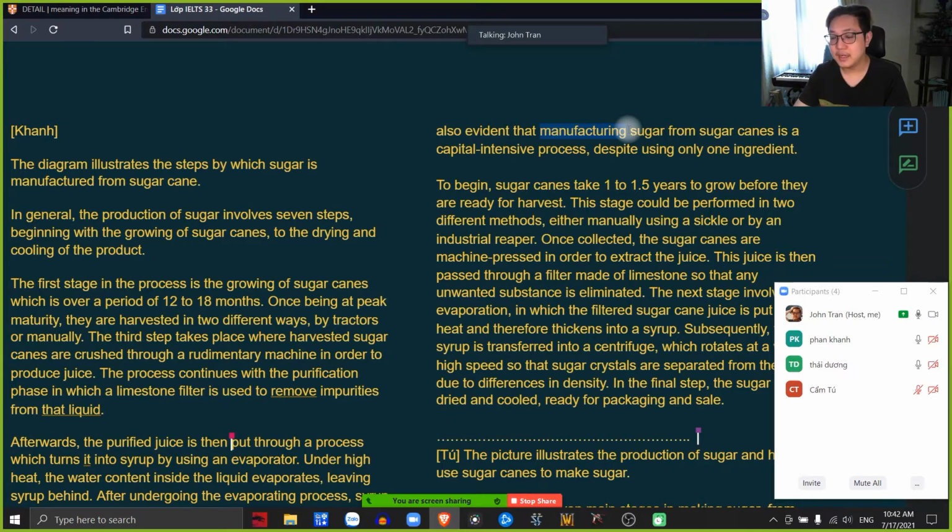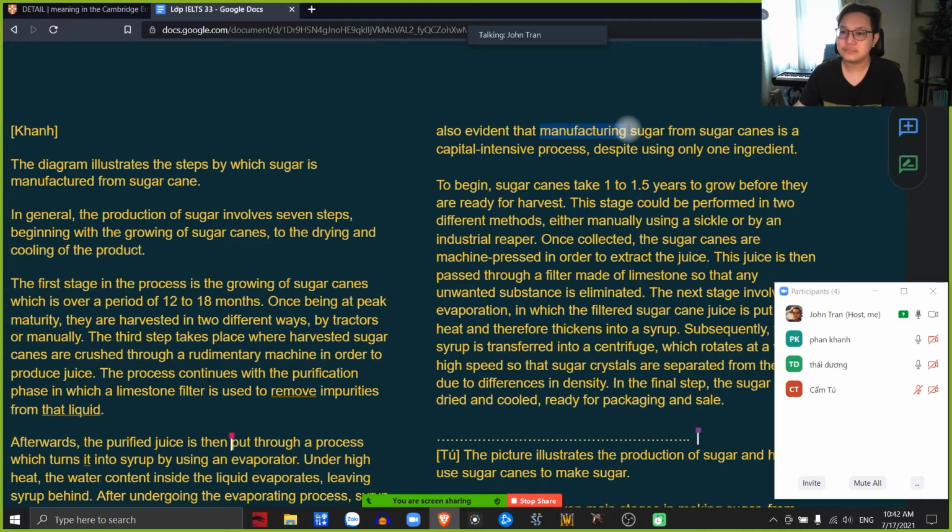You use the verb ing in the case that you, as the writer of this essay, are directly doing that action. Em có phải là người trực tiếp làm hành động manufacturing không? You're not. You are only writing this essay. You're not directly doing the action of manufacturing.